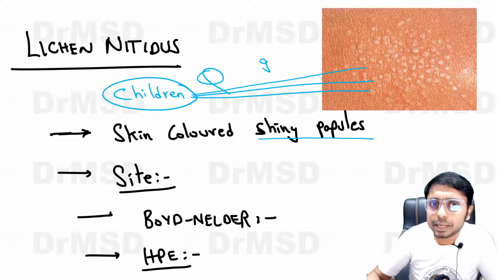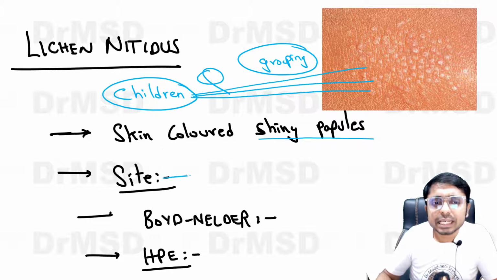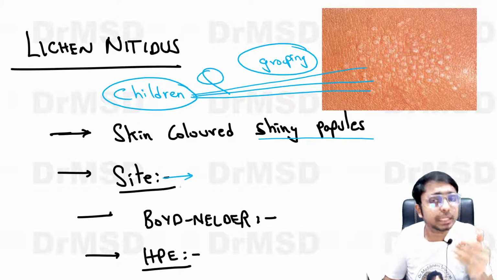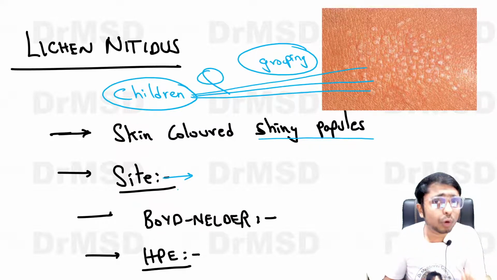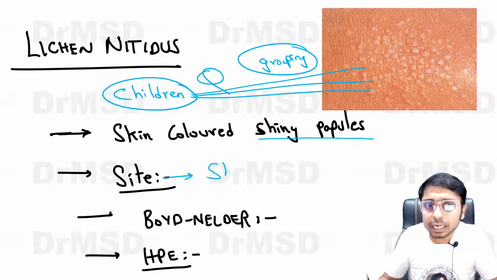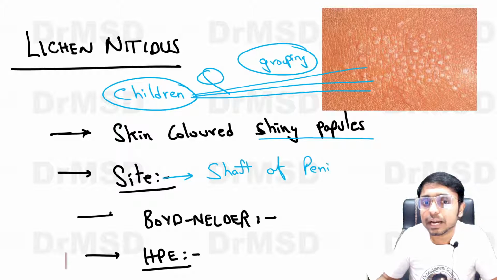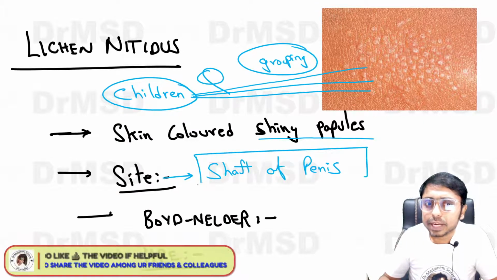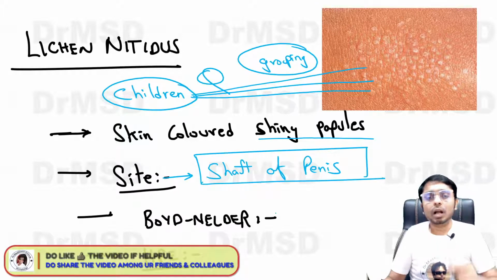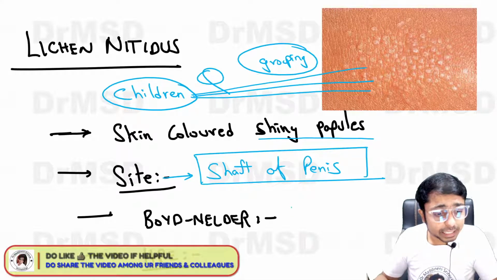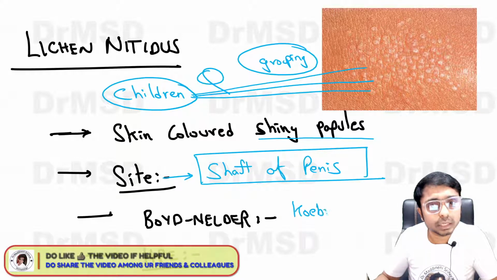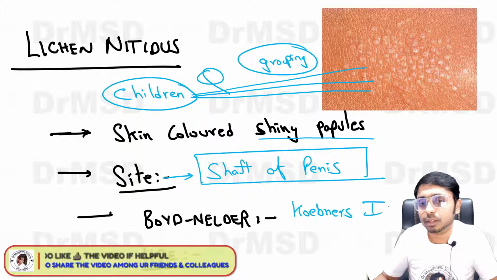Usually there will be characteristic grouping of these lesions, and the sites as mentioned in the question can be the forearm, forehead, and most importantly the shaft of the penis. So this could be one very important clue, and there is one very important phenomenon which we can see here. It is Koebner's isomorphic phenomenon.